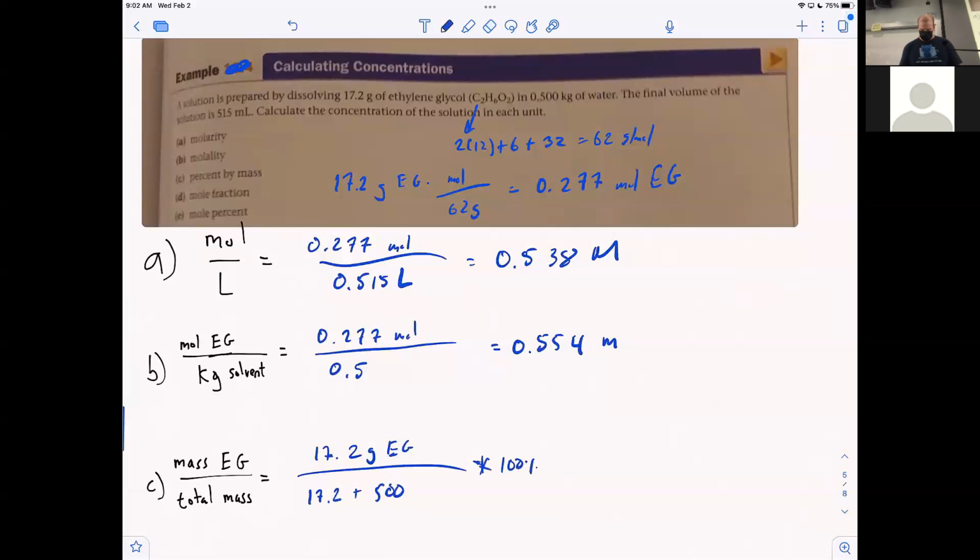If you do that, you get 3.33% ethylene glycol. But I'm sure people are okay with concentrations by mass percent, because we do that colloquially as well, and I use the body fat example.